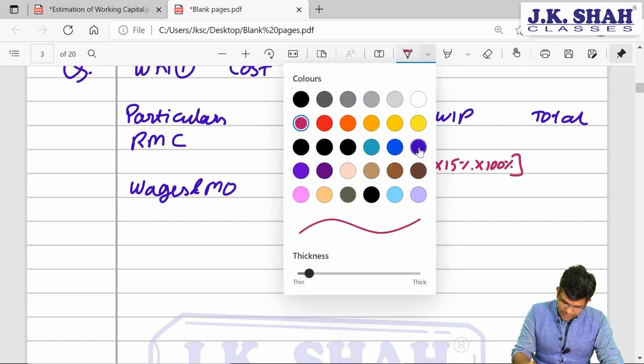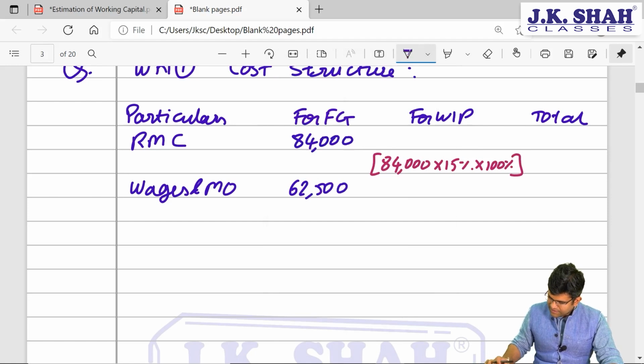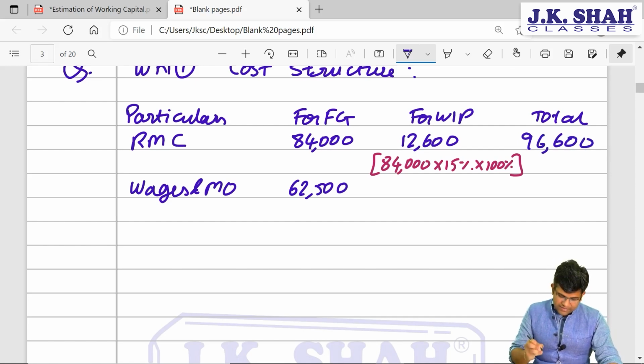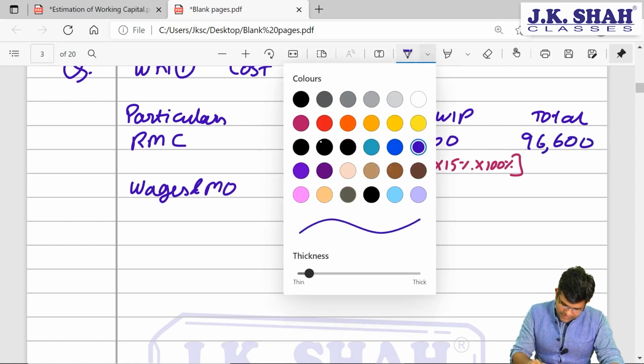So children, if you take the calculator, this is 84,000 into 15%, that is of course into 100%, that is 12,600, and therefore the total raw material consumed throughout the year will be 84,000 for the annual finished goods production plus 12,600 for the WIP stock. That totals to 96,600.